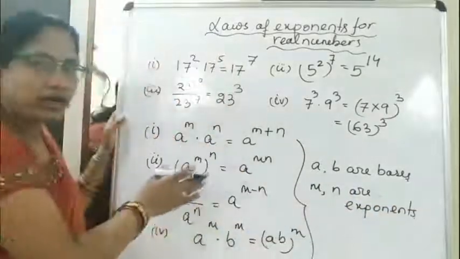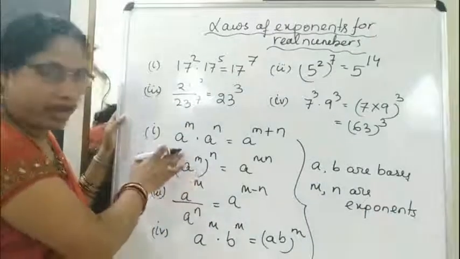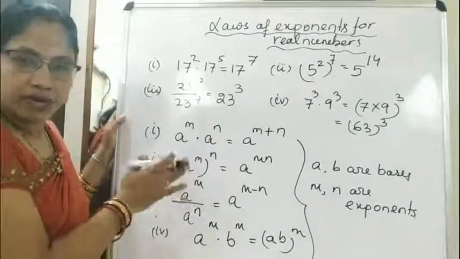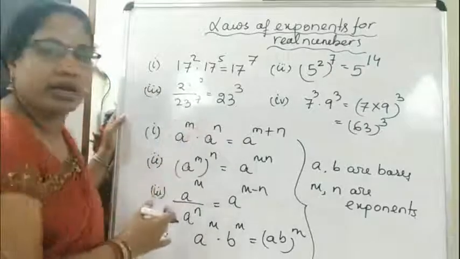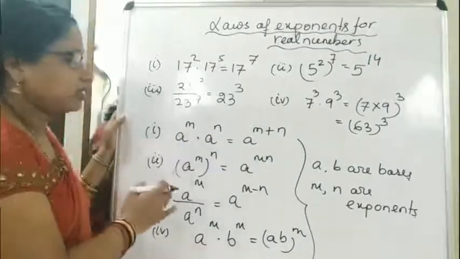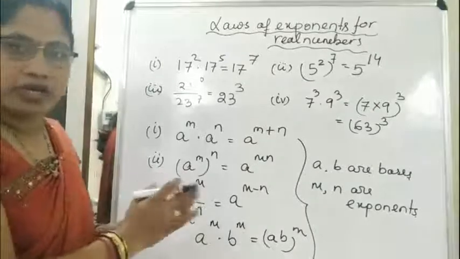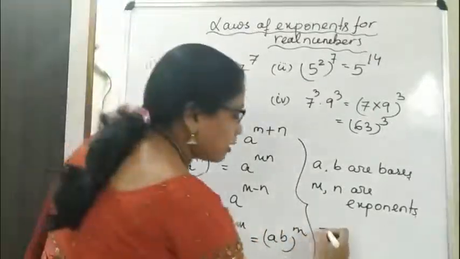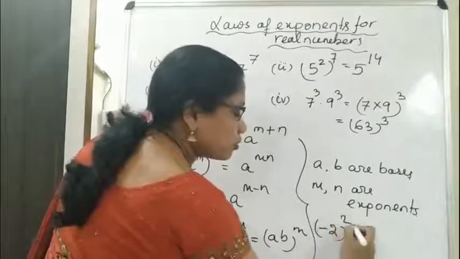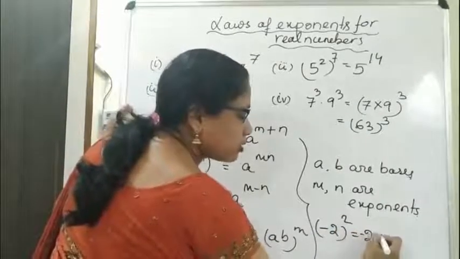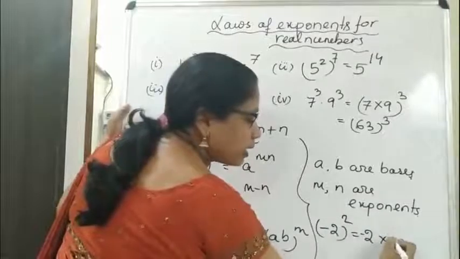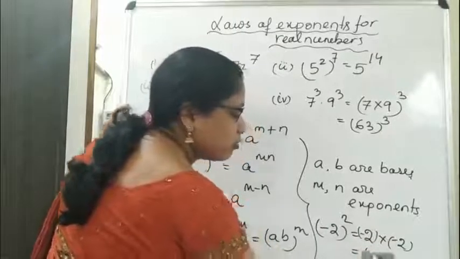Earlier we considered a as a positive integer, and m and n were also positive integers. If the base is negative, we can also find the exponent, like minus 2 to the power 2. We can write it as minus 2 multiplied with minus 2, which is equal to 4.